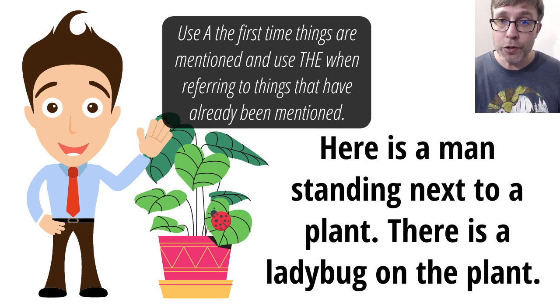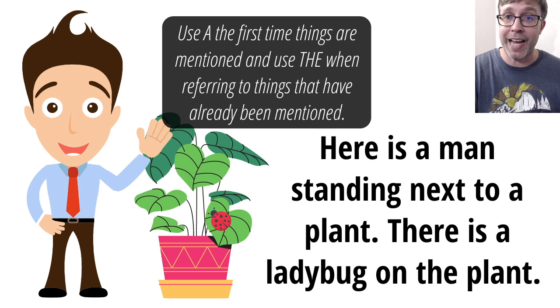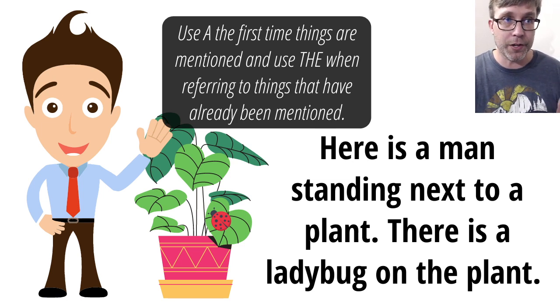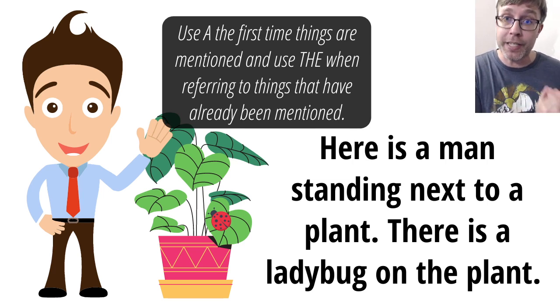So this is useful, I think, especially when you're telling a story about something that happened during your day. Like, oh, I was out walking and I saw a dog. And you wouldn't believe what the dog did. So even in what I just said, I used a when I first mentioned the dog, and then the dog when I mentioned it the second time. So, a very useful rule to follow.